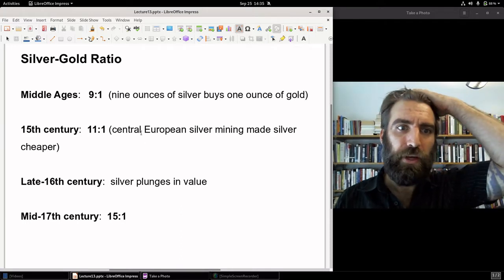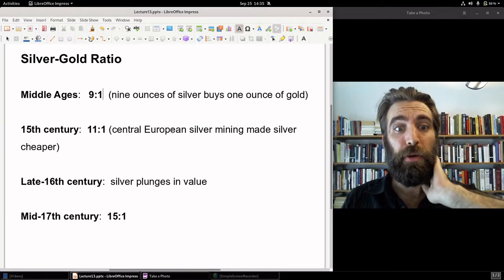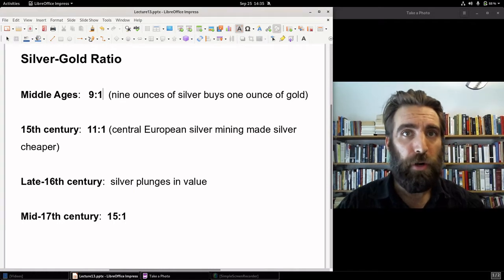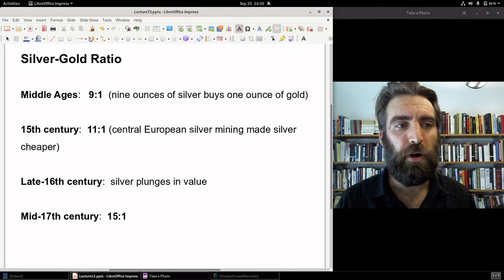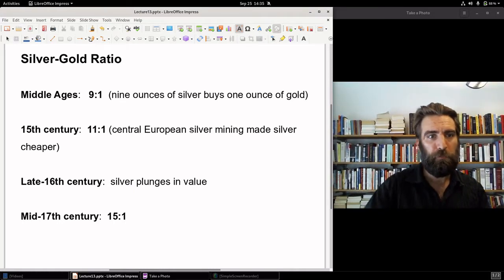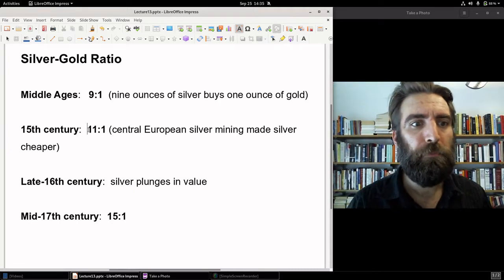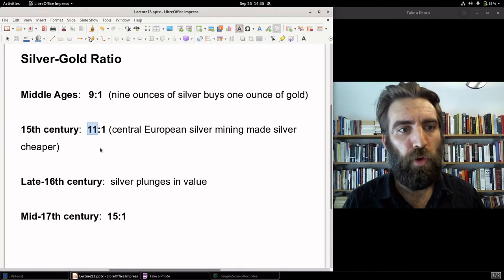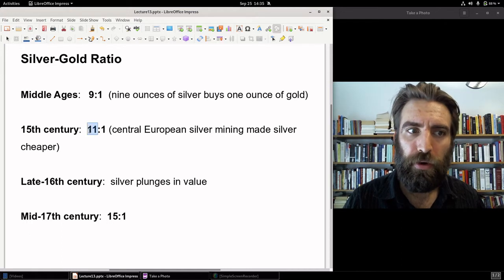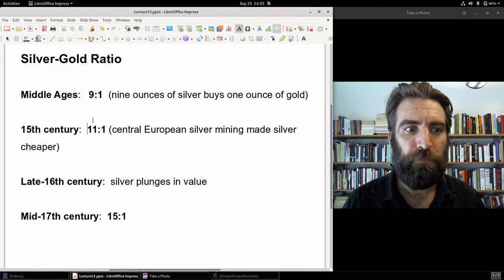By the 15th century, because there was so much silver mining in Germany and other places in Central Europe, silver became a bit cheaper. And the ratio changed to about 11-1. So silver is a little cheaper than it had been in previous centuries.